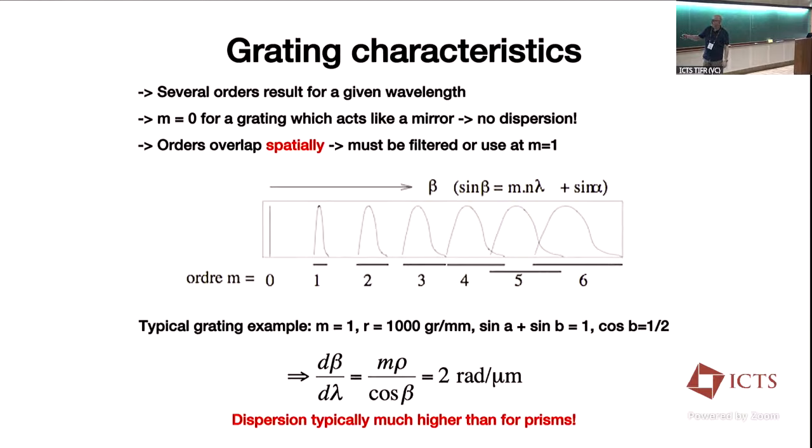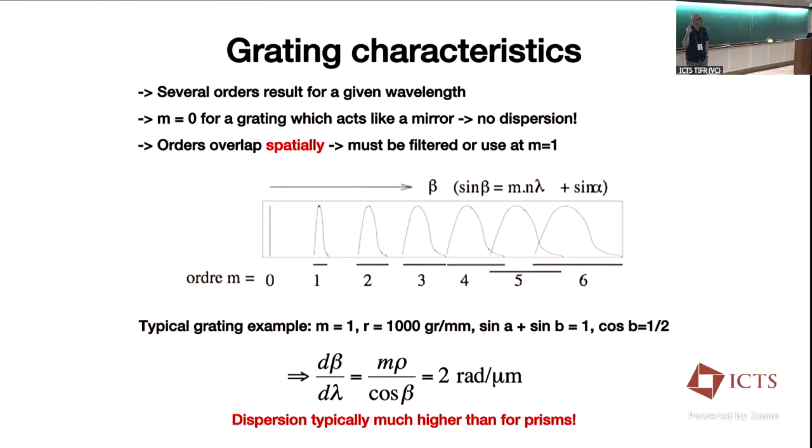In the meantime, look at the number. I just took here a standard grating you can buy off the shelf, 1,000 grooves per millimeter. If we use it at order 1, so if the path difference between the two stairs in the grating is exactly 1 lambda, for this beta, you get a dispersion of 2 radians per micrometer.